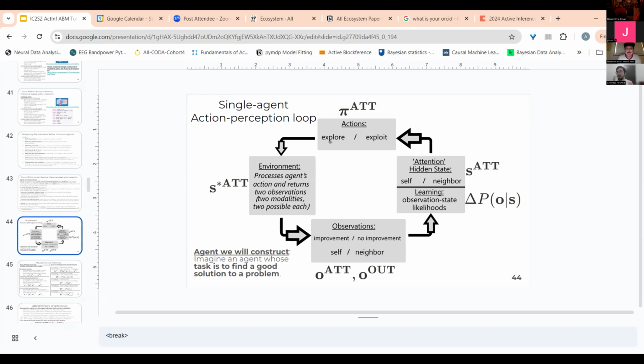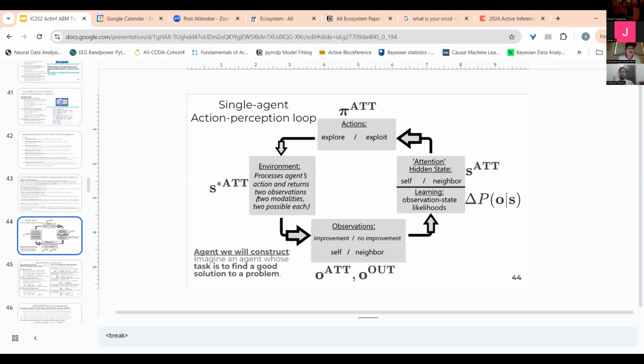Explore here really just means the agent is exploring new solutions. This is a problem-solving agent. The idea is they can explore, meaning on their own, pay attention to themselves and try and come up with new solutions to a problem. Or they can exploit, meaning that they will steal the answer of their neighbor, right?